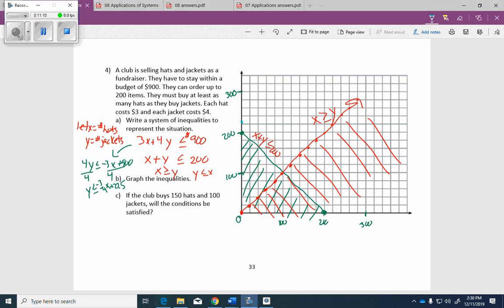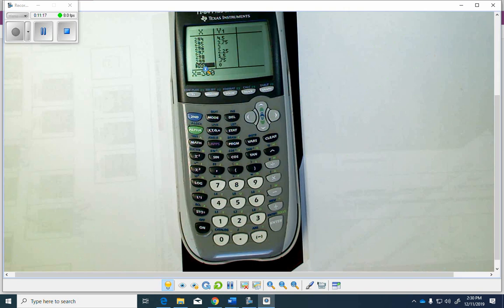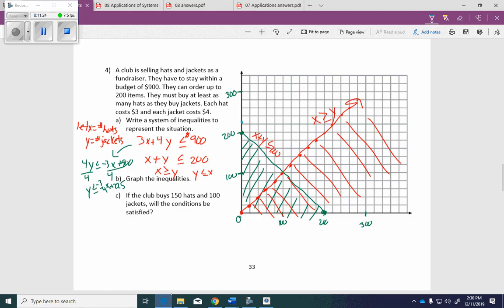When you scroll all the way down in your table on your calculator, you can see that it hits at 300, 0. So if I plot a point there and then connect these two, I wish I had a straight edge, of course. Use a straight edge, please. And y is less than, so I shade down.